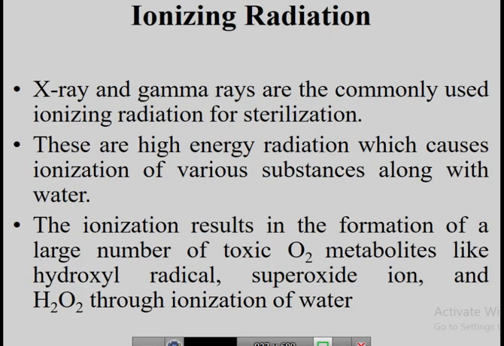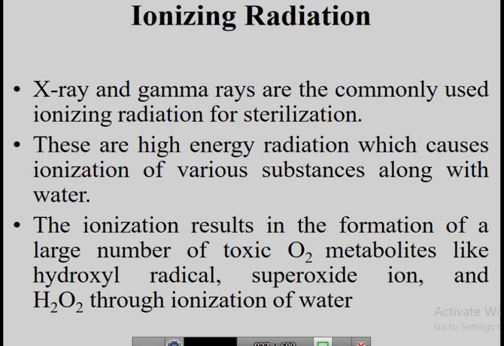Then ionizing radiations. Examples of ionizing radiations include X-rays and gamma rays. These are very high energy radiations as compared to UV radiations. These radiations are also absorbed by nucleic acids, DNA and RNA, and result in ionization. It results in many toxic metabolites, hydroxyl radicals, superoxide ions, and even ionization of nucleic acids.